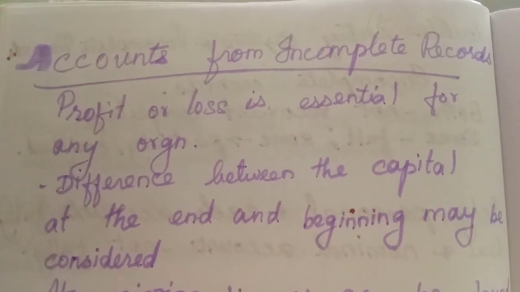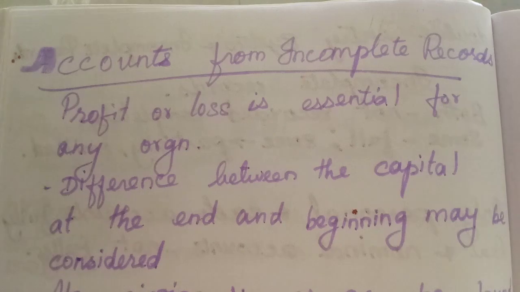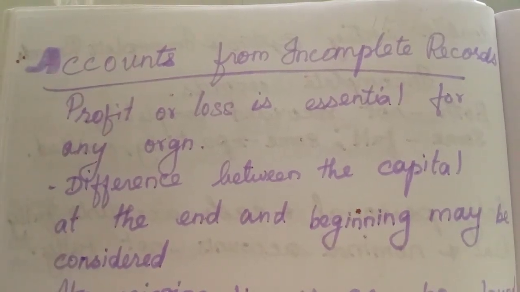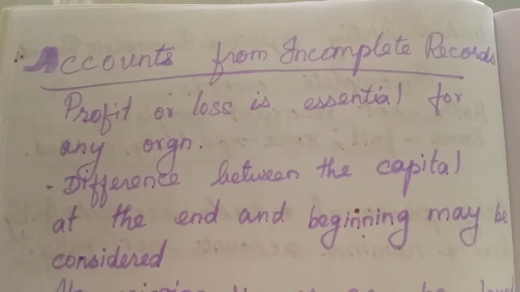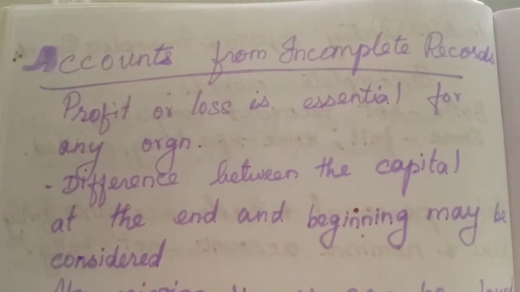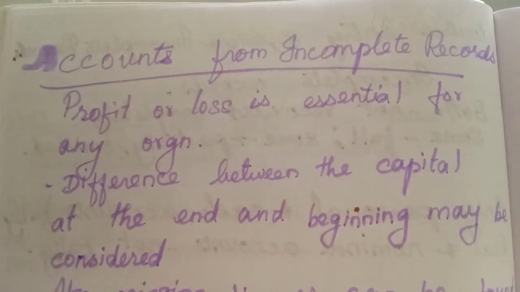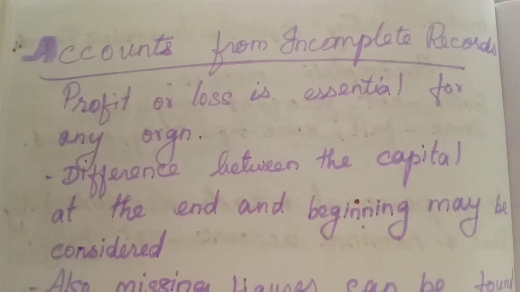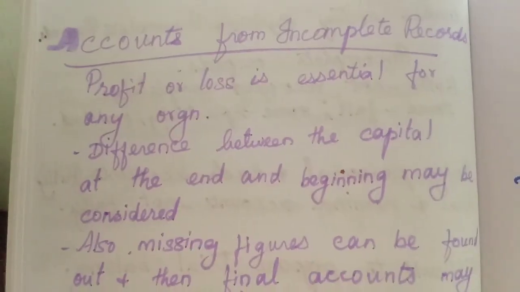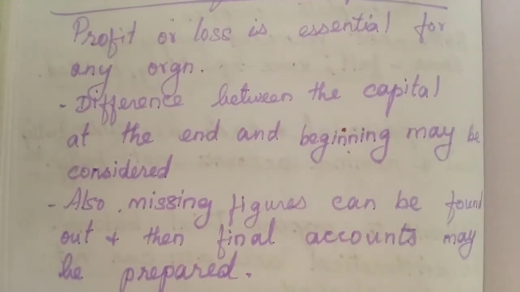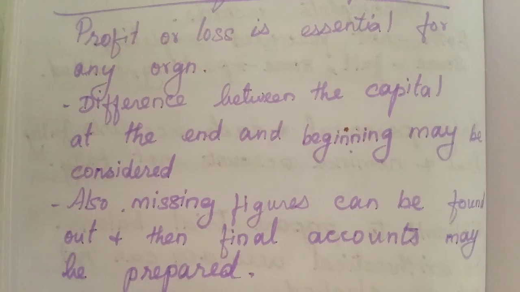So if the capital at the end is more than the capital in the beginning, he has earned some profit. But if the capital at the end is less than the capital in the beginning, he has incurred a loss. Thus, just by finding out the difference between the closing and opening capital, he can calculate his profit.